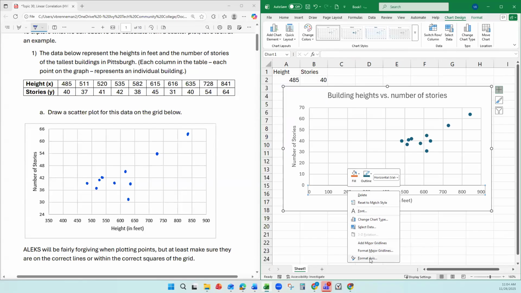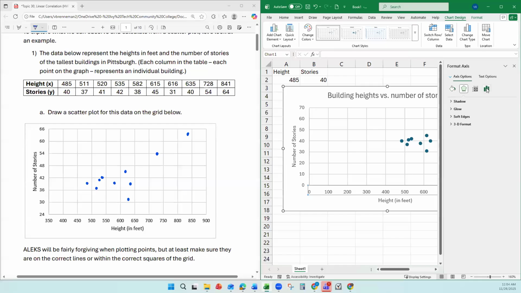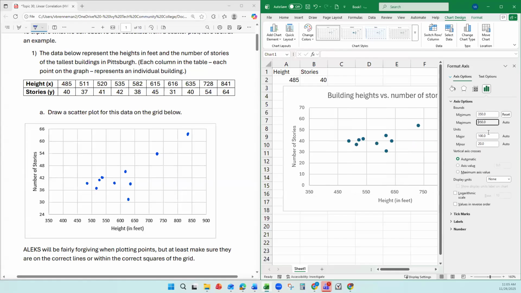But sometimes it'll come up and it will have things collapsed or it will be on the wrong tab here. So you want to look for the graph tab, maybe to open things, but I can make this graph start at 350. I'll get to count by 50 instead of 100.